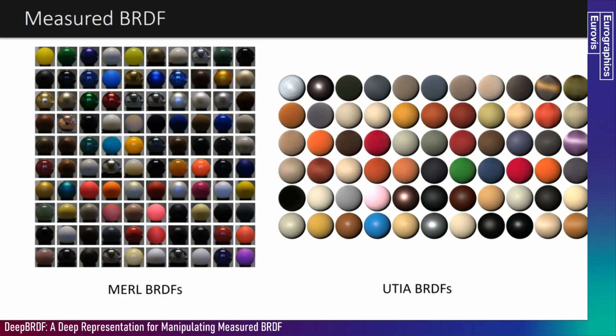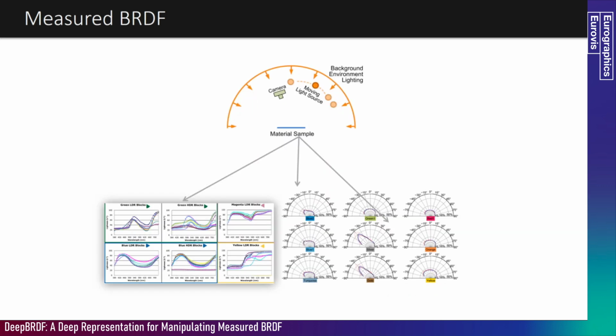To reflect the appearances of real materials, measured BRDFs are preferred. Recently, an increasing amount of data from real-world materials has been created. A measured BRDF is essentially a list of measurements for different camera and light positions. To faithfully encode the original appearance, a very high sample rate for the BRDF is usually required.